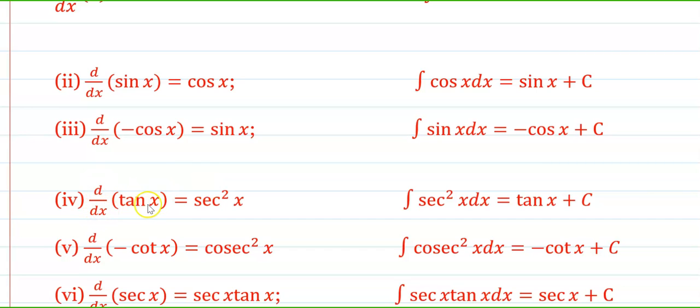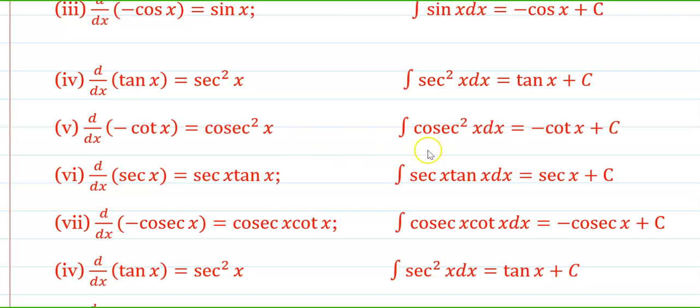d/dx of tan x is sec square x. Then suppose that I want to find the integral of sec square x. I will ask the question, which is the function whose derivative is sec square x? That is nothing but tan x, and hence the integral of sec square x into dx is equal to tan x.